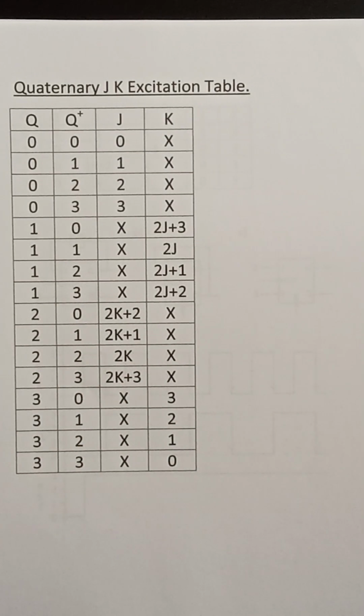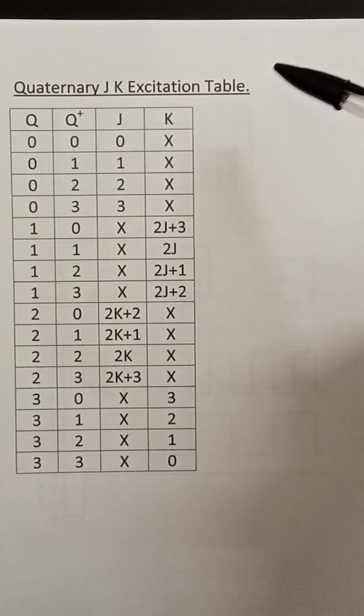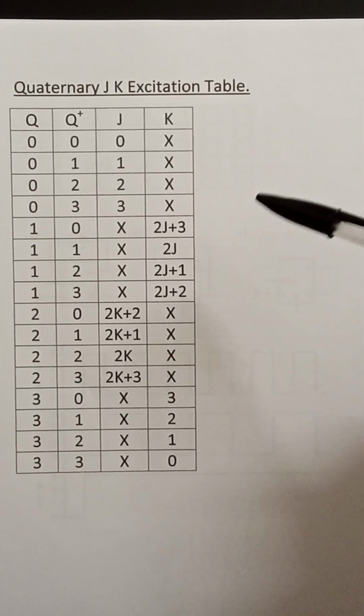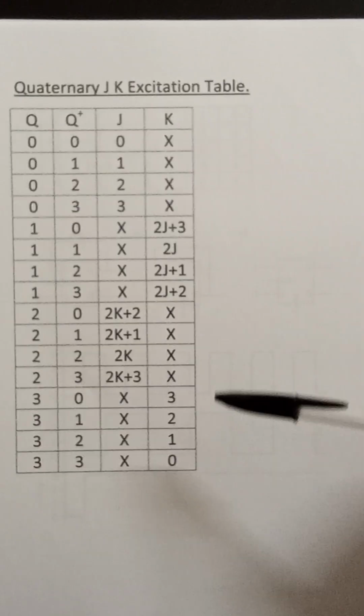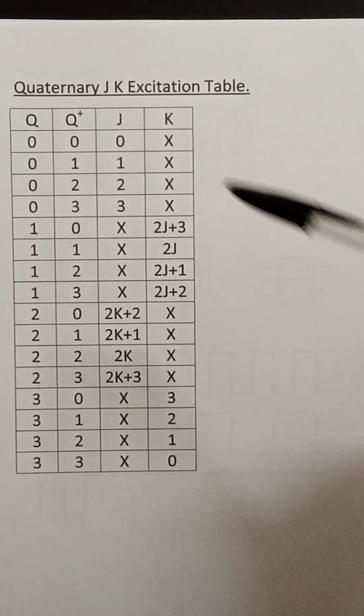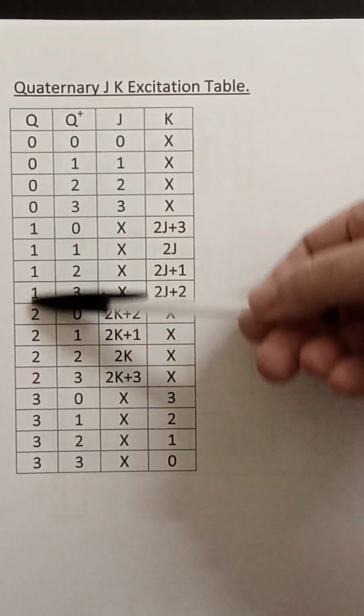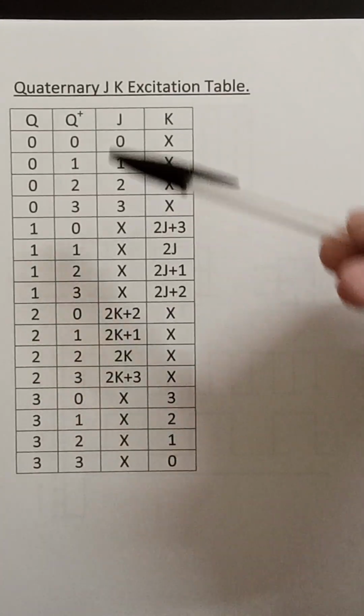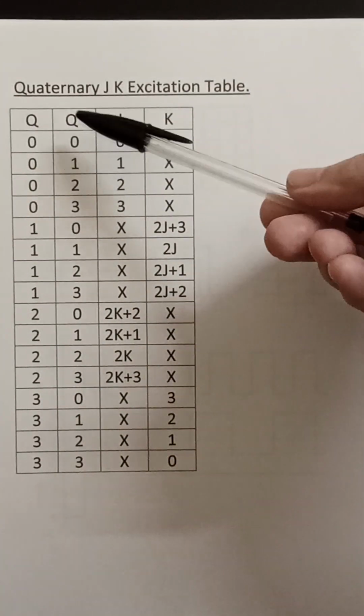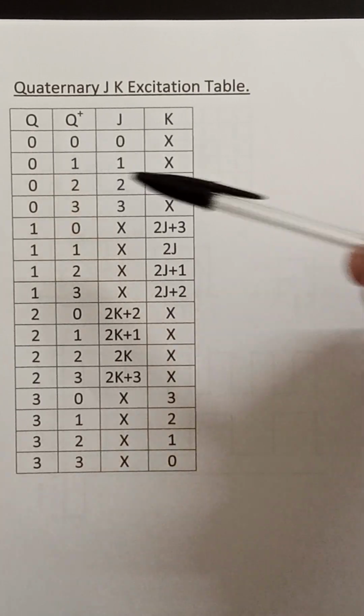Here I'm going to go through the quaternary JK excitation table. We'll be using this in some of the designs using JK flip-flops. Here we have Q and Q plus. This is the present state, this is the next state. Q plus is the value of Q after the flip-flop has been clocked.